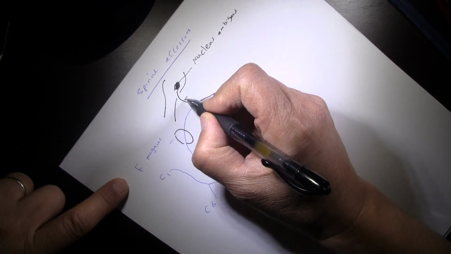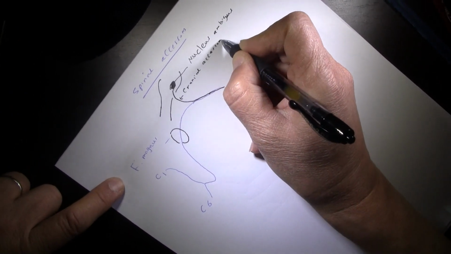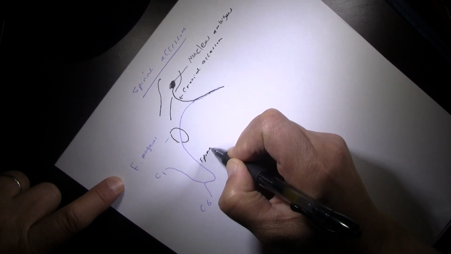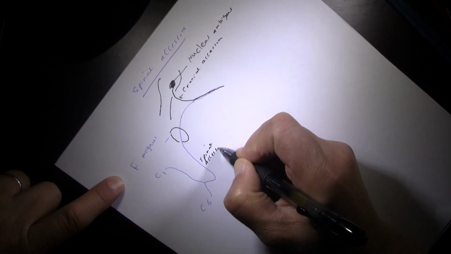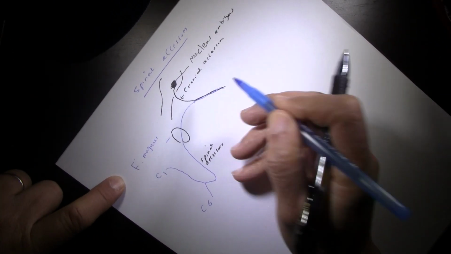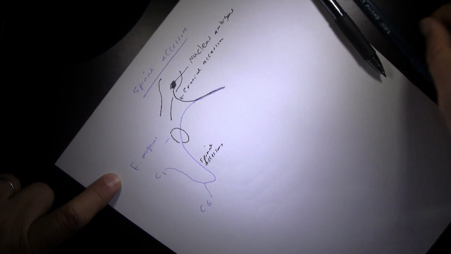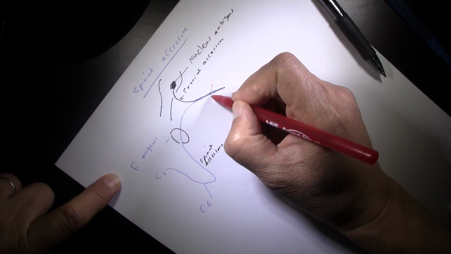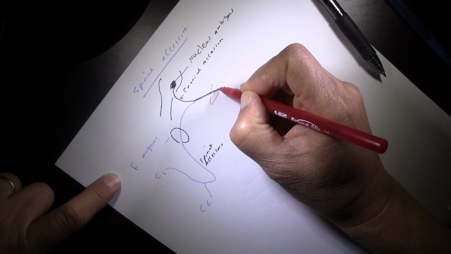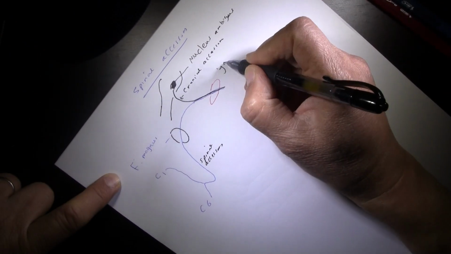So this is the cranial accessory, and this is the spinal accessory. Both of them join each other, then exit the cranial cavity through the jugular foramen.